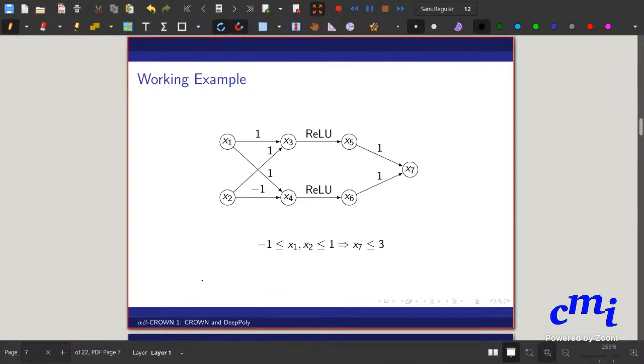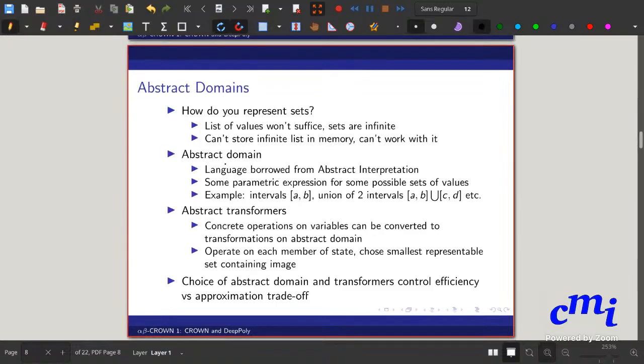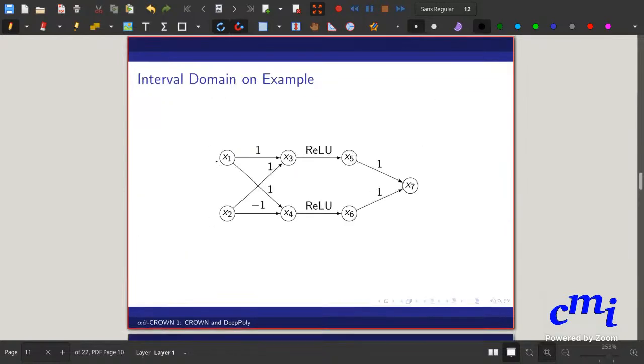It's okay. So yeah, let's look at this example, right? You remember we had very briefly introduced this working example, and the idea was we were going to use this in a couple of different situations. So here, what do we know? We know that for these variables x1 and x2, the intervals are -1 and 1.